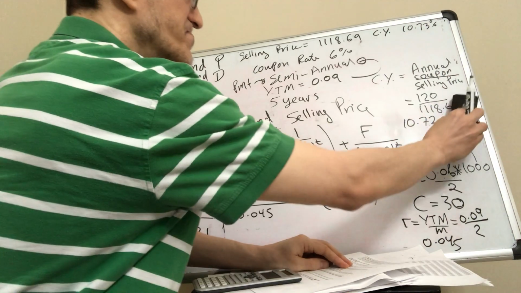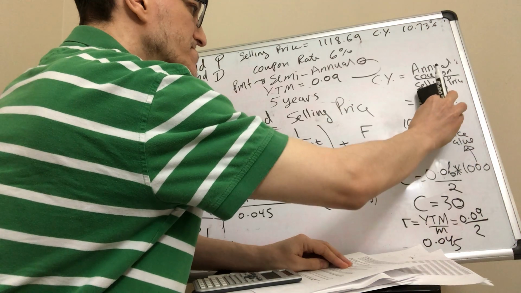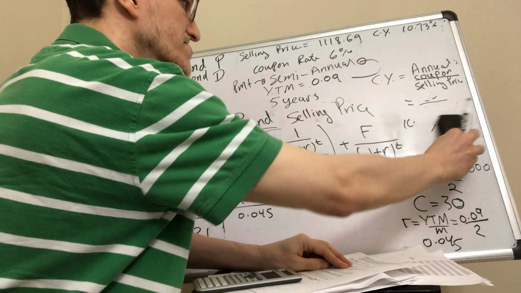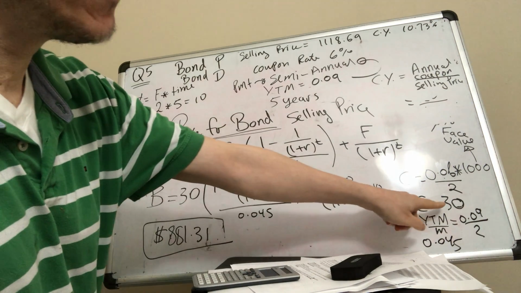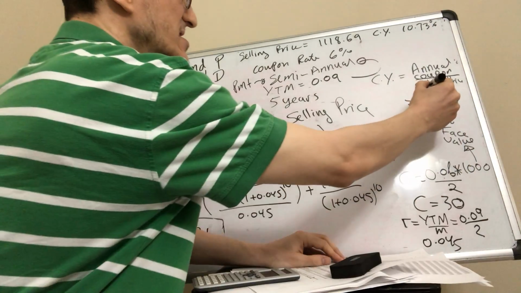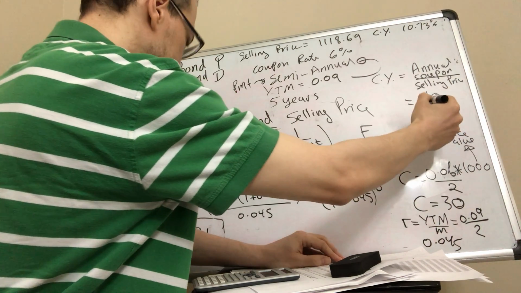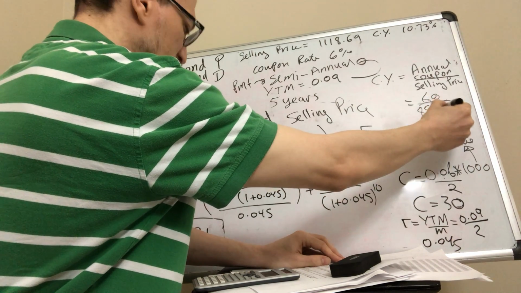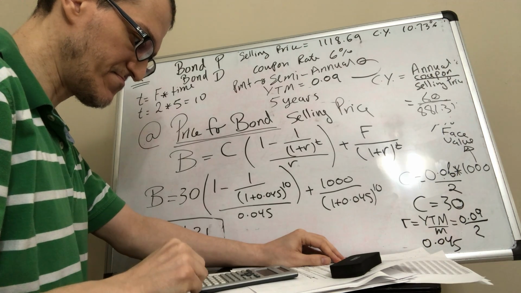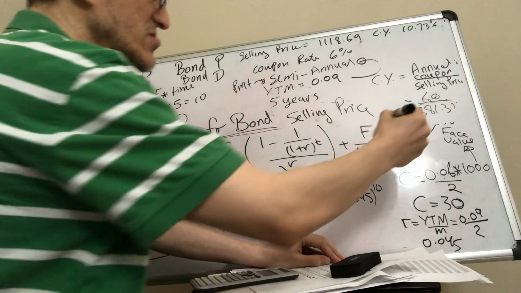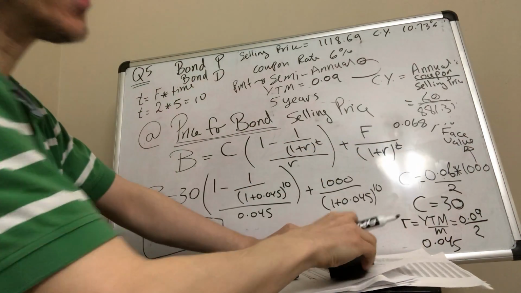And when you do the yield for this one, you need the annual coupon rate. The semi-annual is 30, the annual is 60, and price is 881.31. And this will give you a yield of about 6.8%.